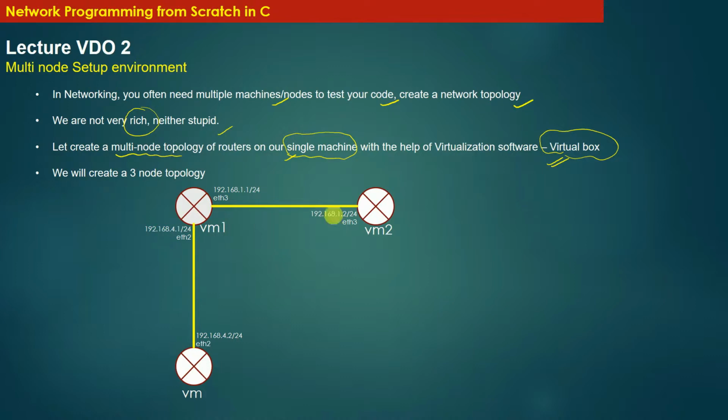To start with, we will create a 3-node topology. In this 3-node topology, you will have 3 routers. The names of the routers are VM, VM1 and VM2. You can see that these routers are connected using links in between. We are going to simulate the routers in the first place, and we are going to simulate the links between them. You can see that the ends of the links are configured with an IP address, and each end of a link has a name.